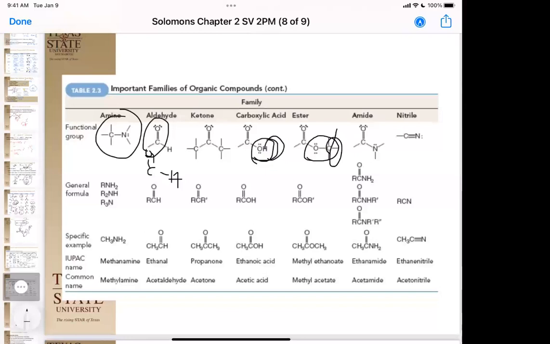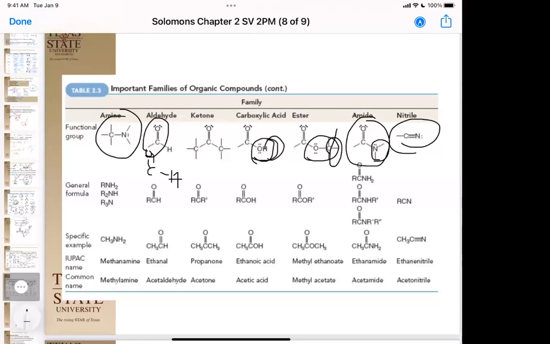Again, it's no longer an acid, so it's an ester. So it went from a carboxylic acid to an ester. And then by adding nitrogens to them, instead of oxygens, we got to the amides. Amides have a carbonyl bond to a nitrogen. Amide, no pi bonds, amine. And then, of course, the last one is our C triple bond N, our nitrile.